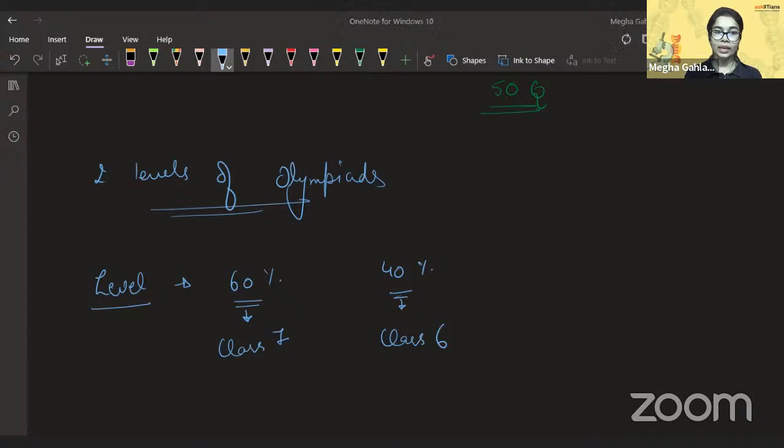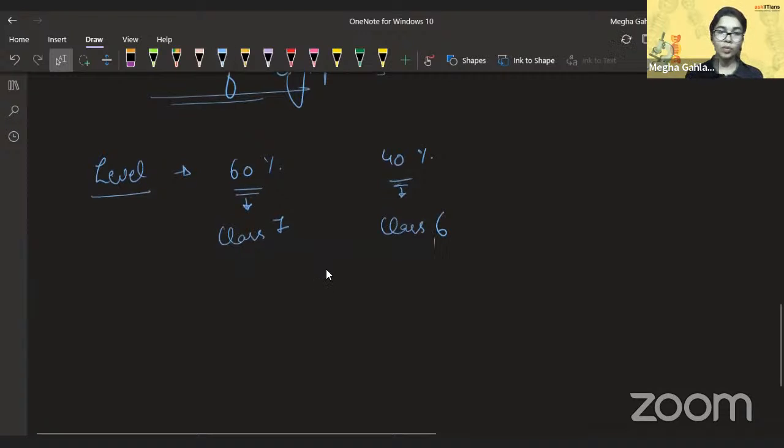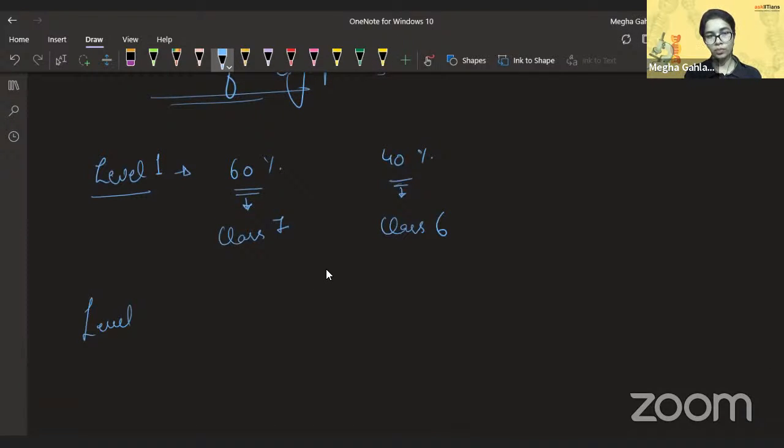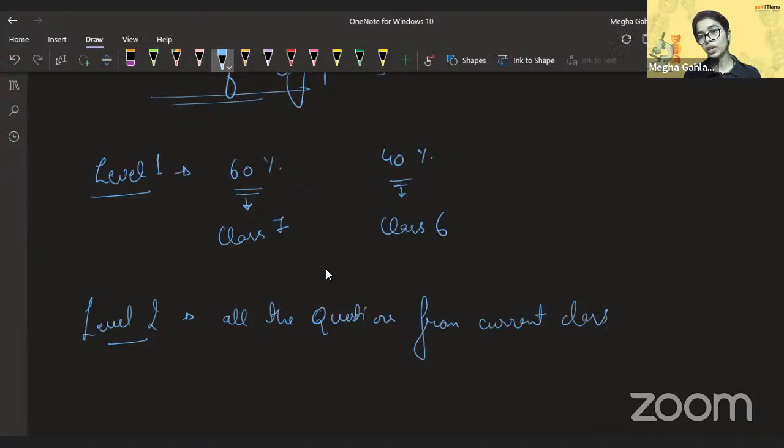Okay, and then questions of Level 2 Olympiad exams will be from the current class syllabus only. That is, if you pass Level 1, then Level 2 has all the questions from the current grade that you have, in your case, class 7.